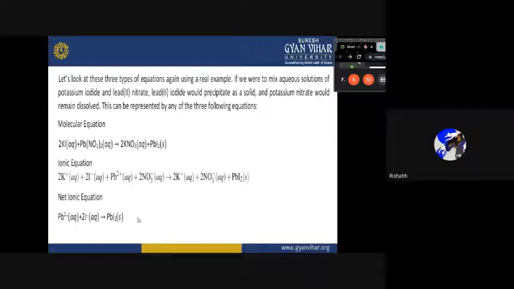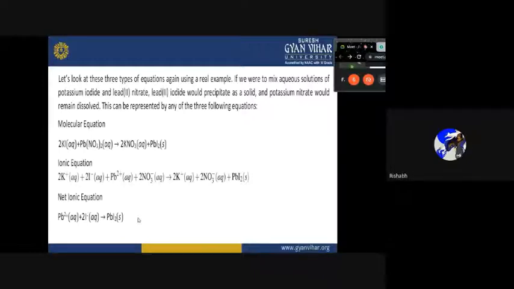Then we can write it in the ionic equation form like 2K plus and 2I minus plus Pb 2 plus in the aqueous state and 2 nitrate ions in the aqueous state. And of course, after the reaction, your potassium and nitrate are still in their aqueous or dissolved state. These are spectator ions, and lead and iodide are combining and forming a new solid compound that is precipitating to the bottom of the beaker.